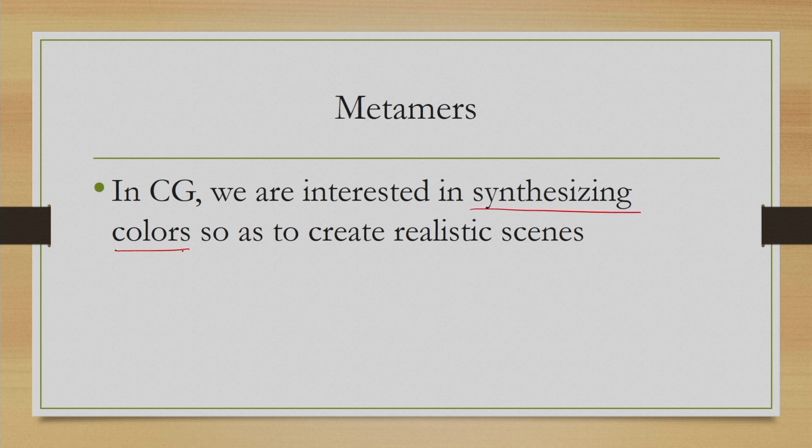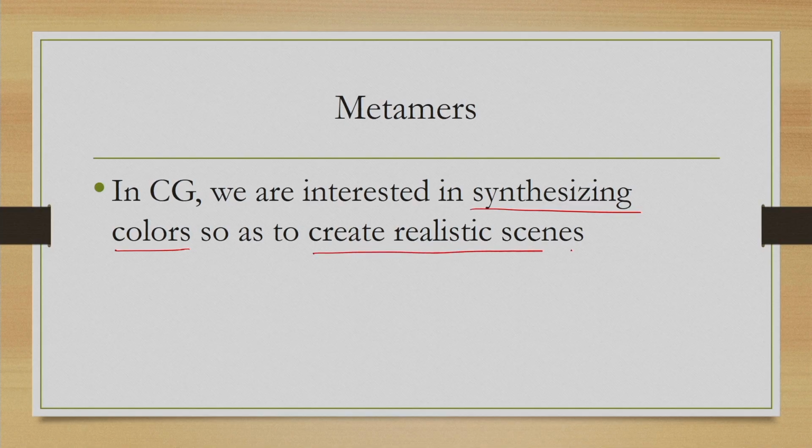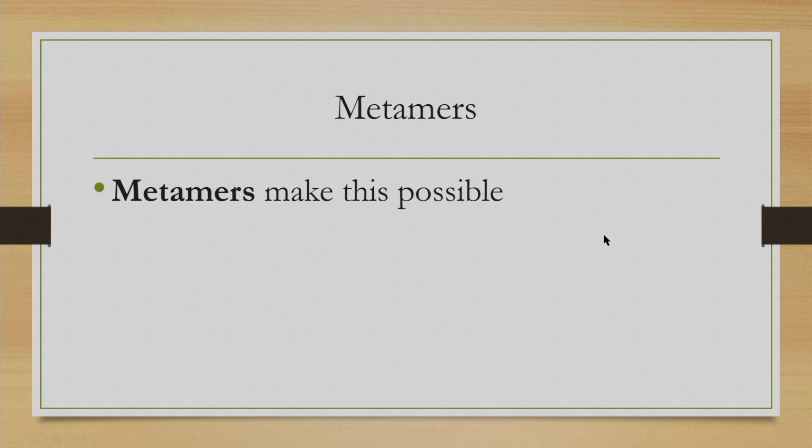We are not interested in the actual optical process that takes place in giving us the perception of color. Our sole objective is to be able to synthesize the color, so that the resulting scene or image looks realistic. We can do that with the idea of metamers and the overall theory of metamerism. How can we do that?